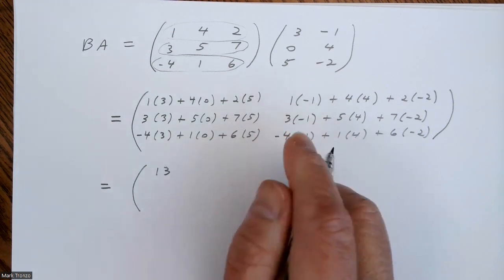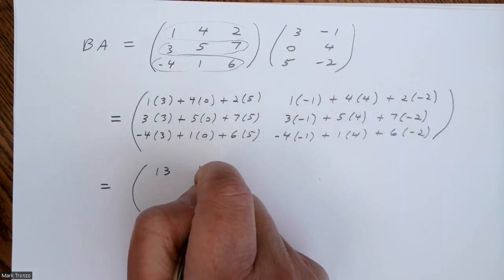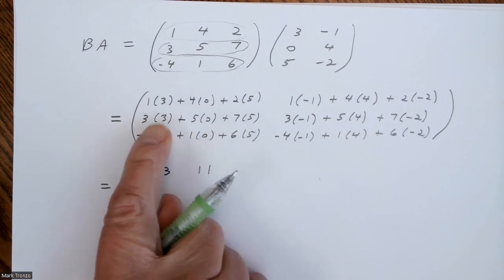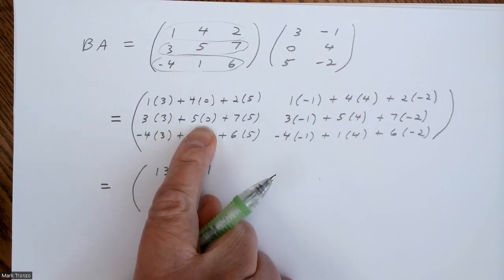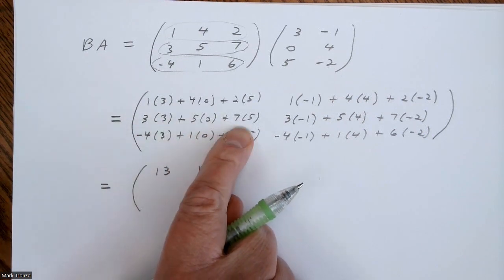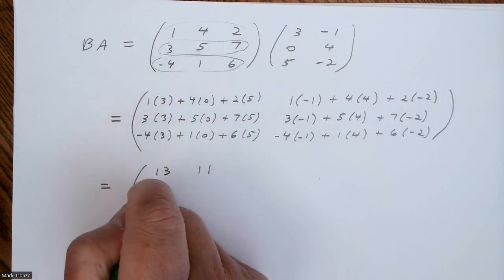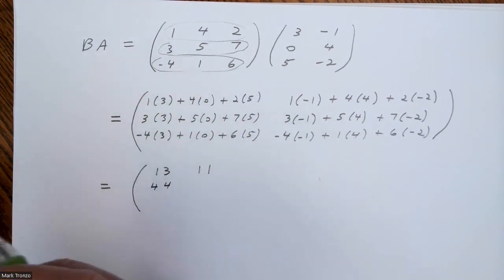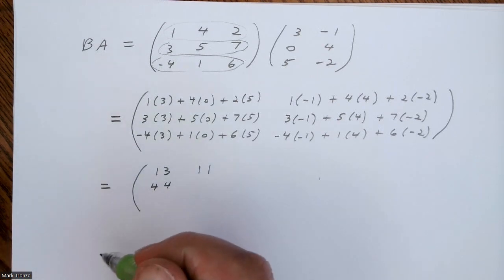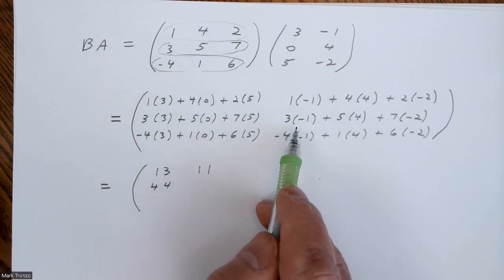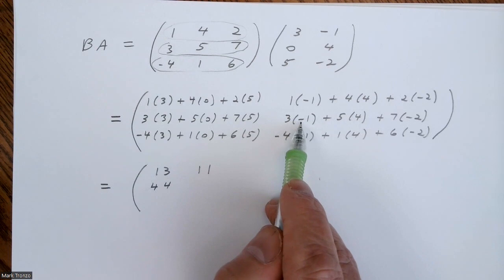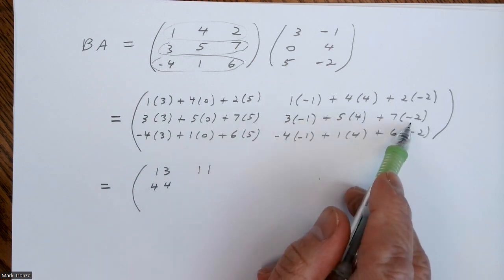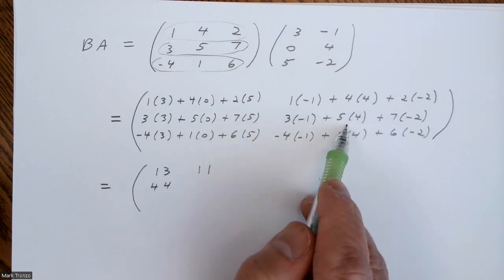Minus 1 gives us 11. 9 plus 0 plus 35, 44. -3 and -14 is -17.